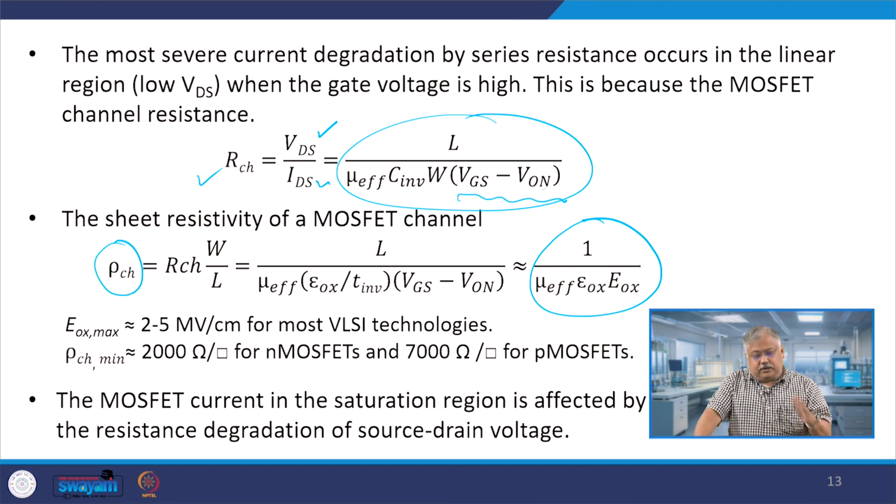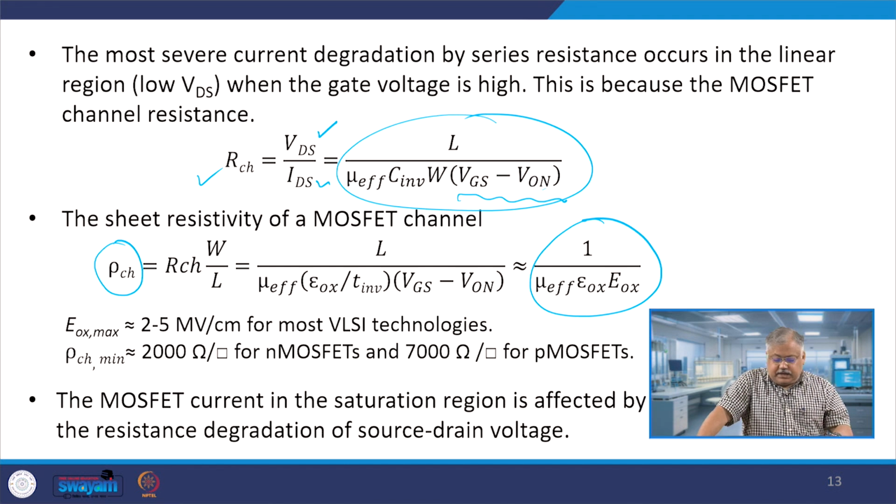For most technologies, EOX max is approximately 2 to 5 megavolts per centimeter. After this, there will be shorting and there will be direct tunneling between the gate and the substrate. Similarly, rho CH min, the minimum value of the resistivity, is given by 2000 ohms per square for N MOSFET and 7000 ohms per square for P MOSFET.